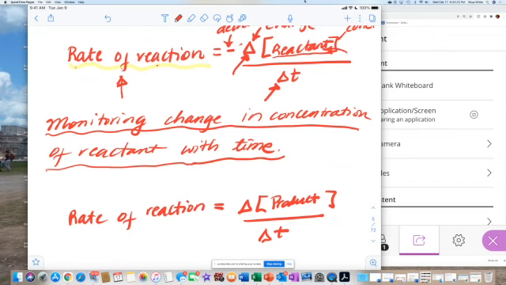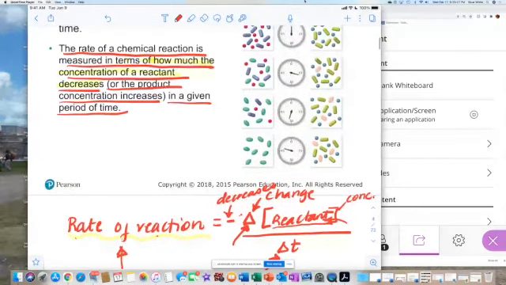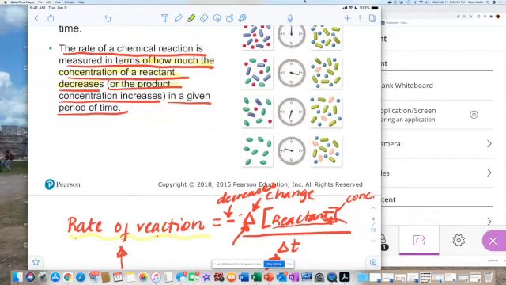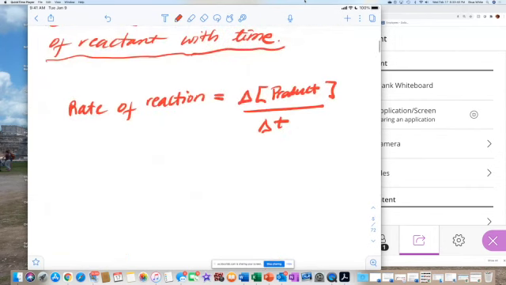Okay, let's make sure that this matches the definition they said right here. I'll use a different color, green. Or the product concentration increases, this time it's increasing, in the given period of time. So I have to make sure it's increasing. Now you can put a positive here to imply it increases, or, what chemists do, the positive is implied, so they leave it out.